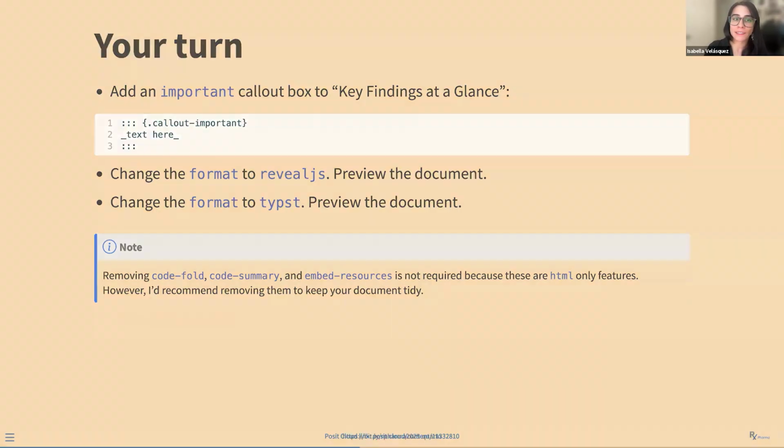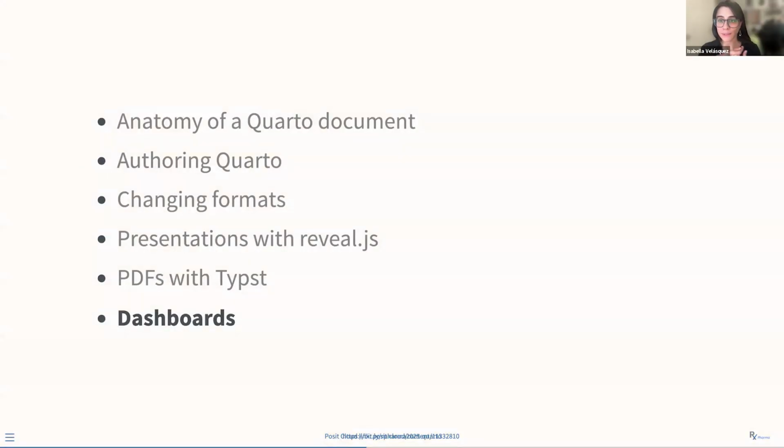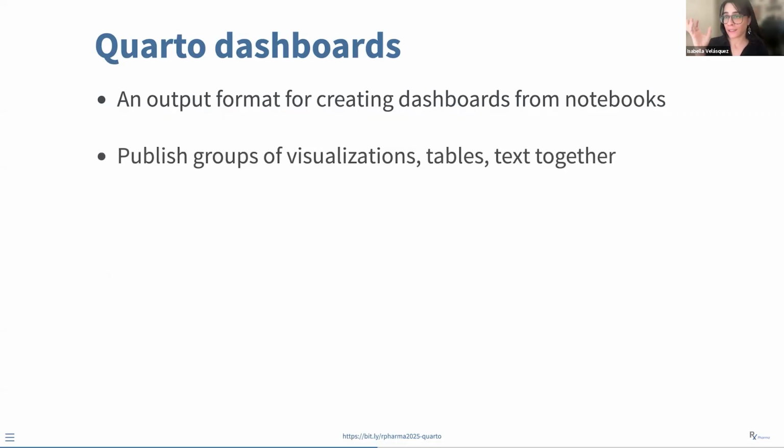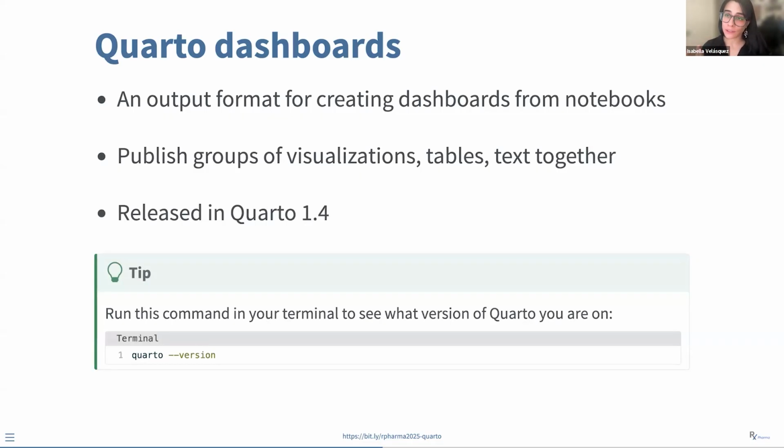But if not, I wanted to really quickly talk about dashboards. I mentioned Shiny components. So just to clear that up, this is another format for creating dashboards from Quarto documents. And the idea, if you've seen a dashboard, is to put visualizations, tables and text together. They were released in Quarto 1.4. If you don't know what version of Quarto you are on, you can run this command in the terminal and find out.